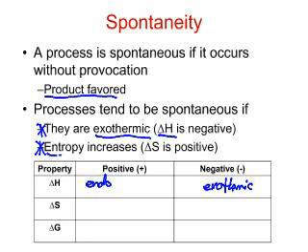The other thing that contributes to whether or not something is spontaneous is entropy, or the disorder of the system. We said that one thing that favors spontaneity, or favors the forward process, is if the entropy for the process increases, in other words, delta S, the change in entropy, has a positive sign. If delta S is positive, that means there's more disorder, or that things are spreading out, so energy and matter are being dispersed during the process.